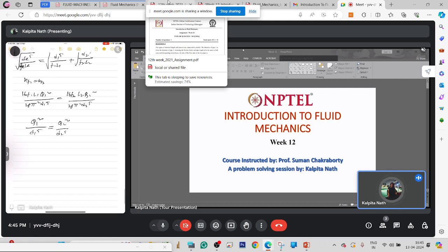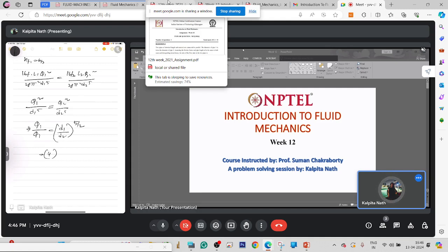So Q1 by Q2 is equal to D1 upon D2, whole to the power 5 by 2. D1 is 4 times D2, as already given in the question. So 4 to the power 5 by 2 is 32. That means Q1 by Q2 is equal to 32.